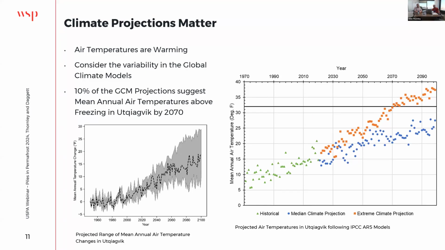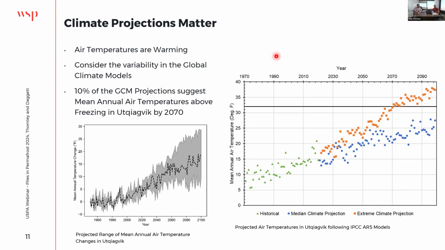What we've shown here is the median: if you took all of your global climate models and ran the projections, something like 48 different projections with the change in concentration pathways, and looked at the 50th percentile of your mean annual air temperatures, that's what we're calling the median.